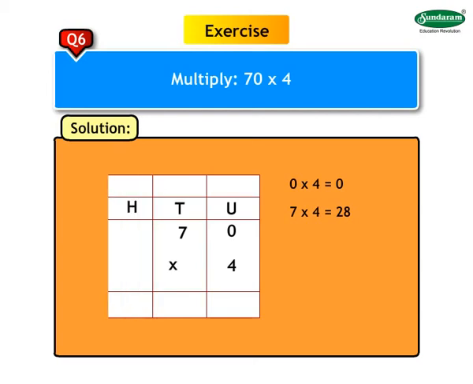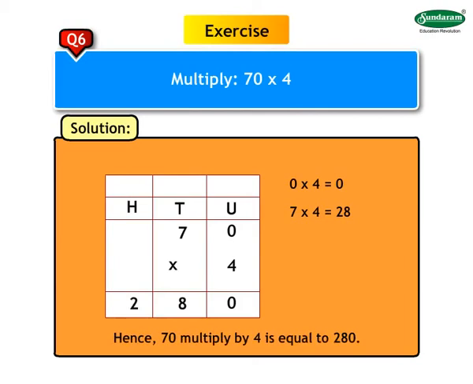So, the product of 70 and 4 is 280. Hence, 70 multiplied by 4 is equal to 280.